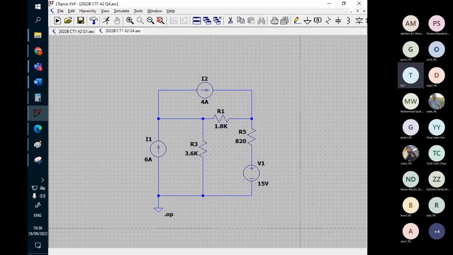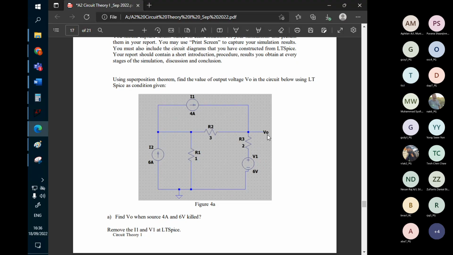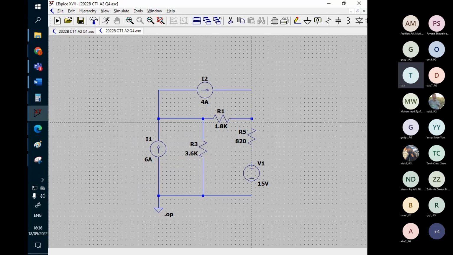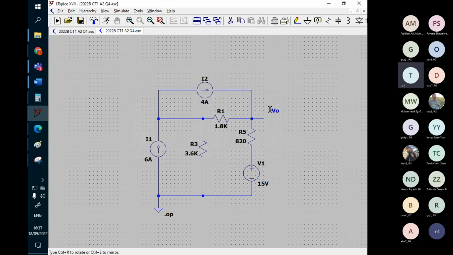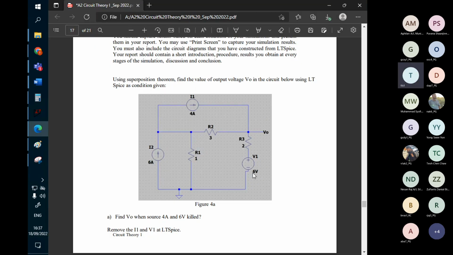This is the original circuit without using any theorem, just find the VR. If you put a line here or without the line, it is still the same, it doesn't make a difference. Okay. But I still need to insert the text here. The text is just for reference only, it will not change the simulation results. So it's 6 volt now.